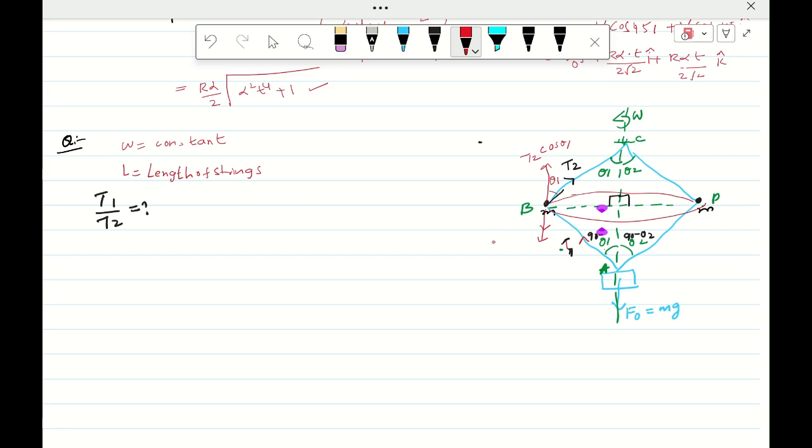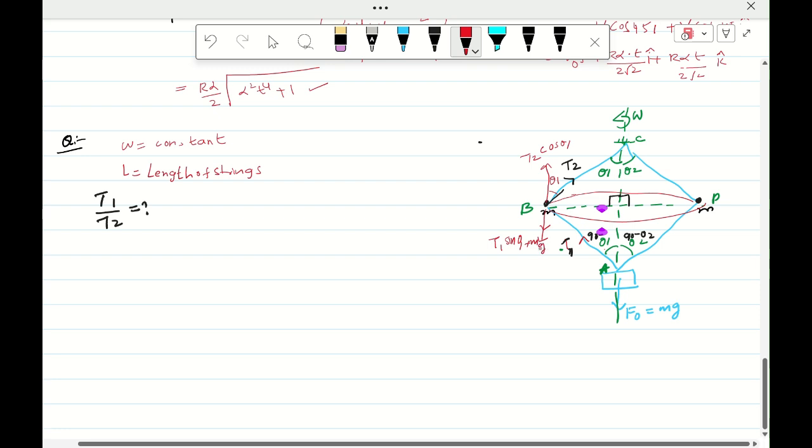So this is cos of 90 minus theta 1, that means T1 sin theta 1. T1 sin theta 1 plus mg. So this is in vertical equilibrium. If values are given for theta 1, you can separate. So therefore first equation: T2 cos theta 1 is equal to, by vertical equilibrium, T1 sin theta 1 plus mg. So this is equation 1.